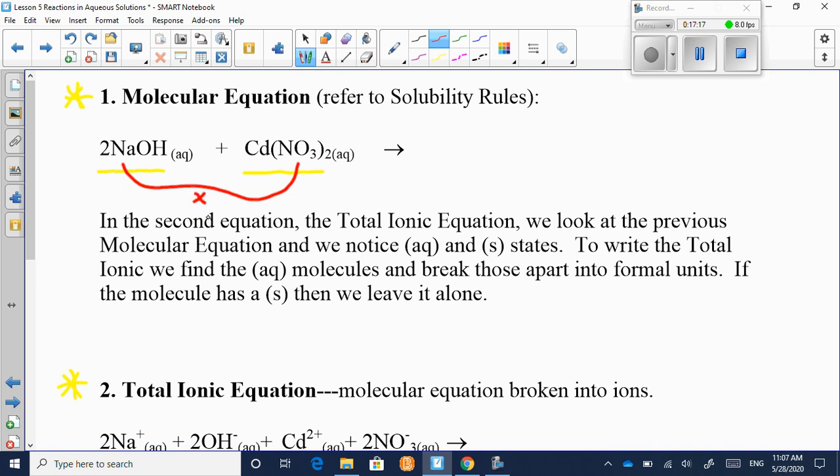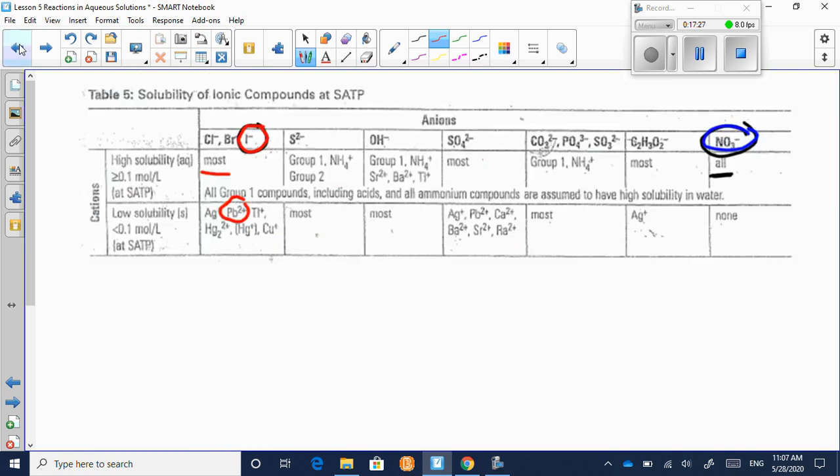I know that that's not going to form a solid because nothing forms a solid with nitrate. But let's check cadmium and hydroxide. I'll go back to my solubility guidelines. There's hydroxide. And I've got my periodic table. I've found cadmium. Cadmium is a transition metal. And so it's not in group 1, and it's not any of those.